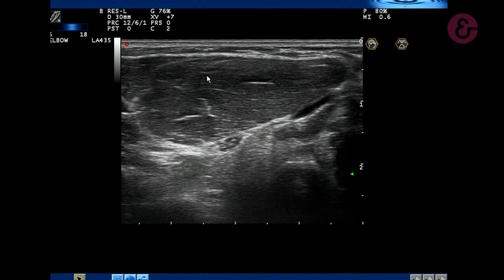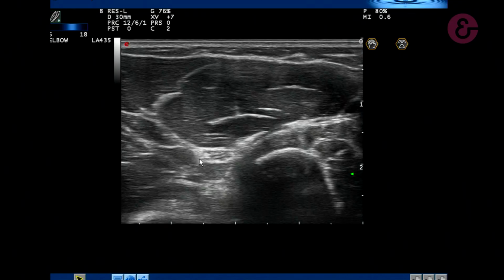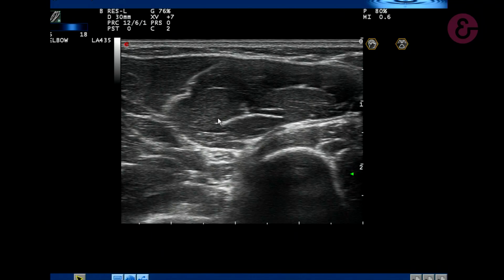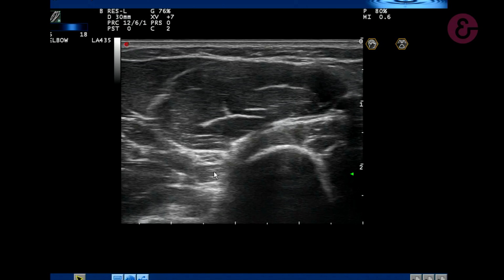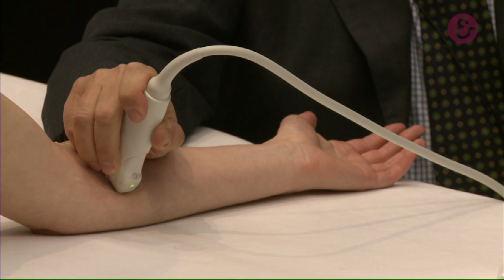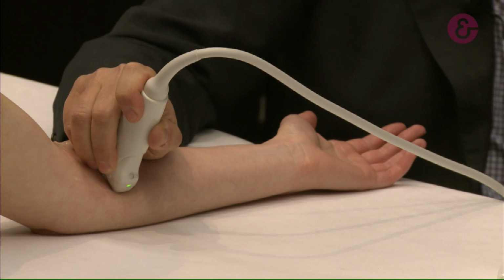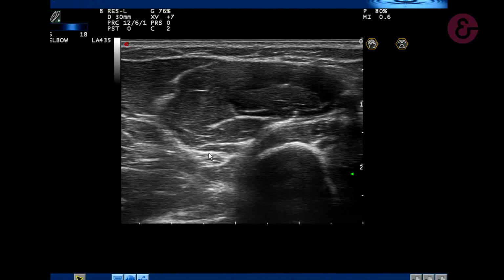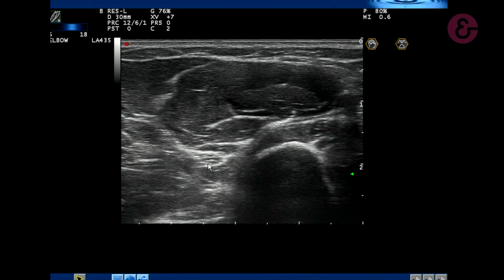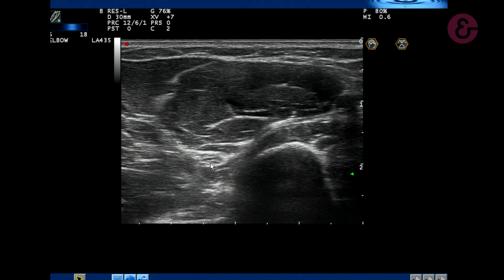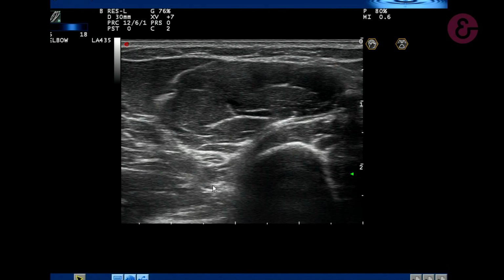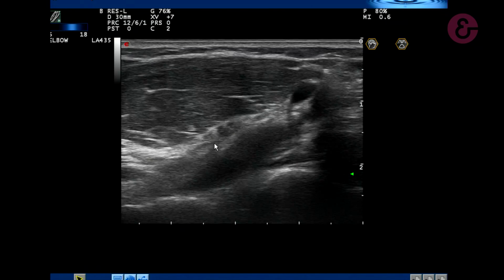You can see the pronator teres on top of the median nerve, and you have to adjust the transducer every time perpendicular to the nerve. You can see the typical appearance of the fascicles, which are dark spots surrounded by white connective tissue.